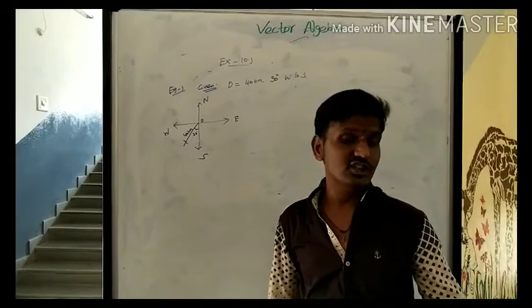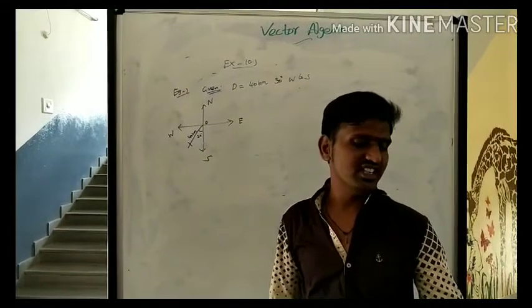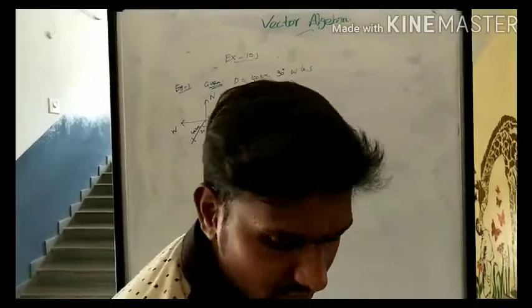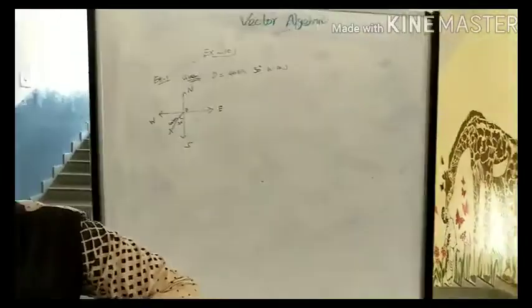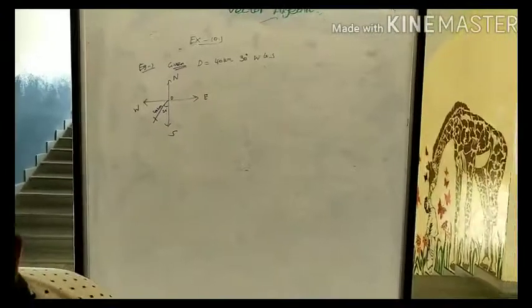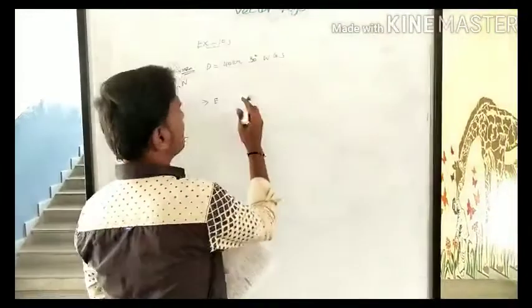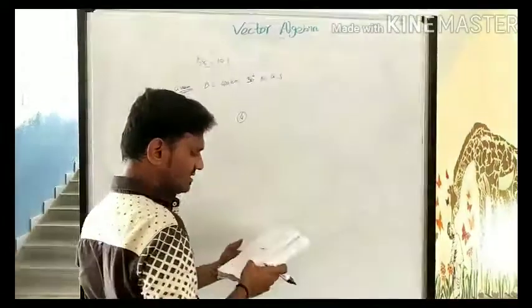Okay. Next, moving to the fourth question. Identify the following vectors. Given a diagram. Okay, students listen. The question number 4.